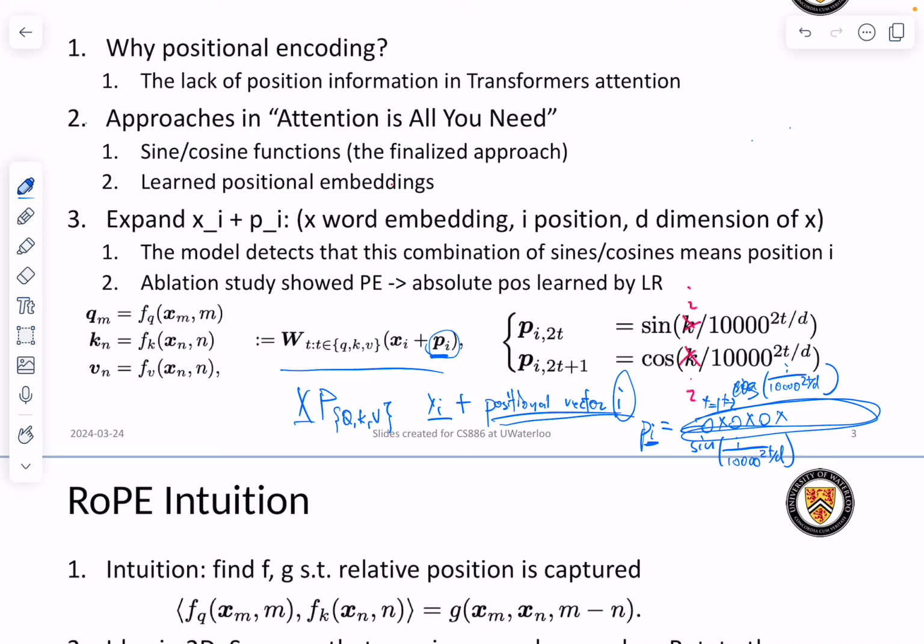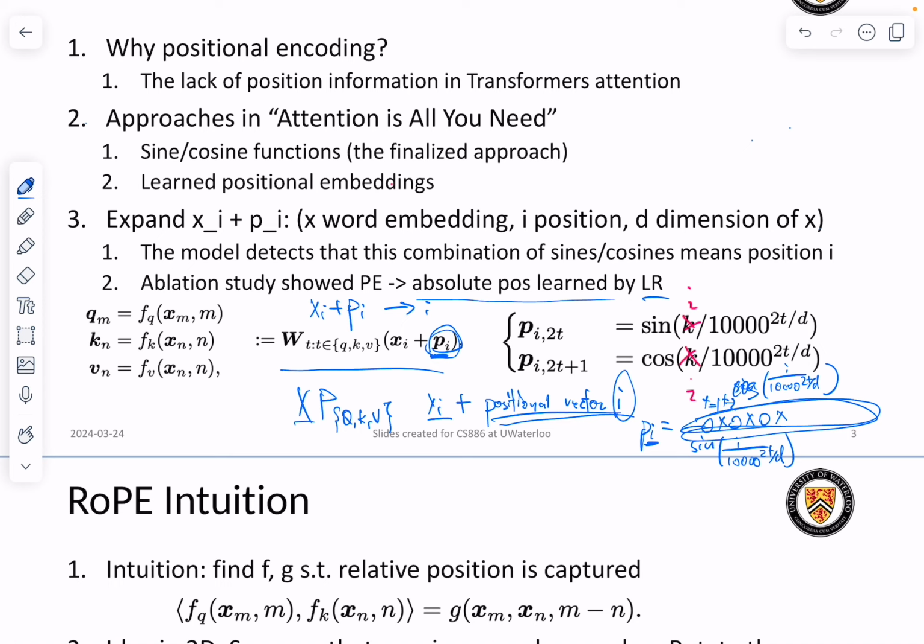And there's been an ablation study that has shown that, based on the positional encoding, we can learn the absolute position. Basically we know that given xi plus pi, we can learn i with a linear regression.